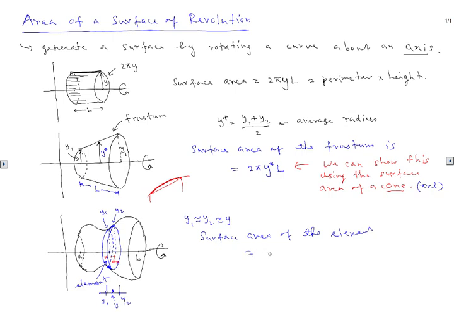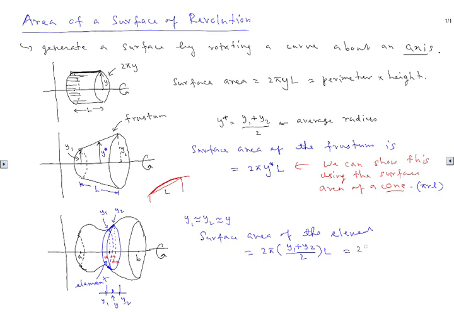You can use the same formula. So it is 2 pi, with the average radius, in this case y1 plus y2 over 2, and then the slant length L. This length we can find as we found earlier, so times L. But you can see that this simplifies very well.